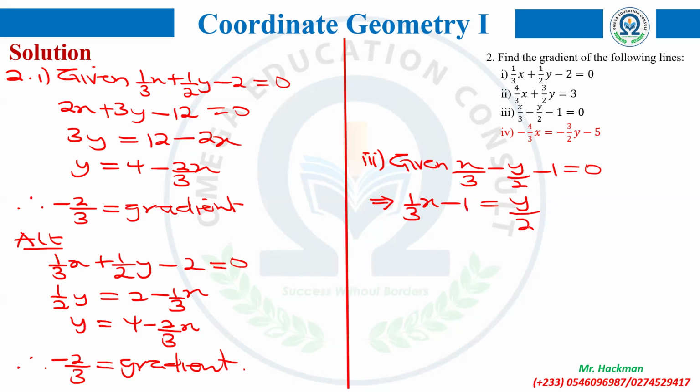Again, the y coefficient you want to be 1, so you have to multiply by 2. In an equation, whatever you do to any particular term, you have to do to all the terms to keep the equal sign. So this 1 times 2 will give me 2 over 3 x, this 1 times 2 will give me minus 2, and this 1 times 2 will give me y. Now you can compare the coefficient of x here, and that becomes the gradient. So therefore, 2 on 3, which is the coefficient of x, is equal to the gradient.